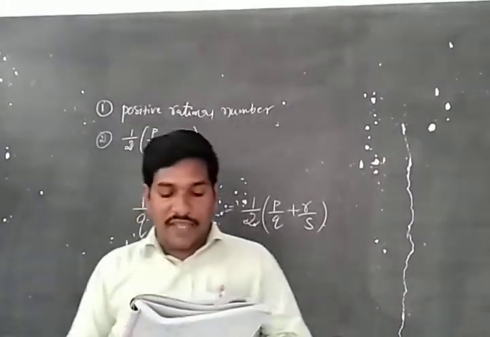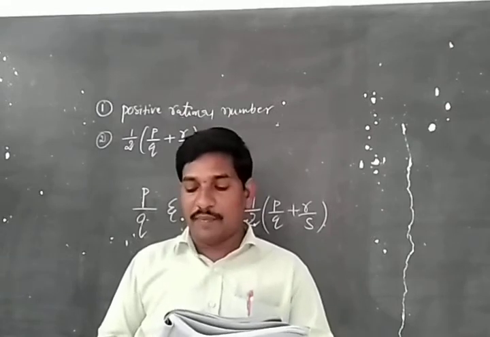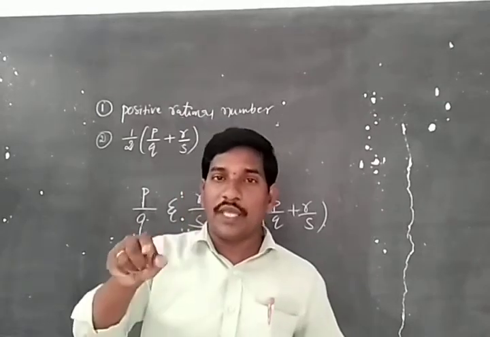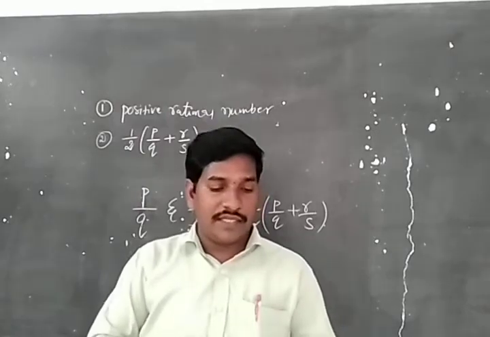If P by Q and R by S are any two rational numbers, then the rational number between them is 1 by 2 into P by Q plus R by S.